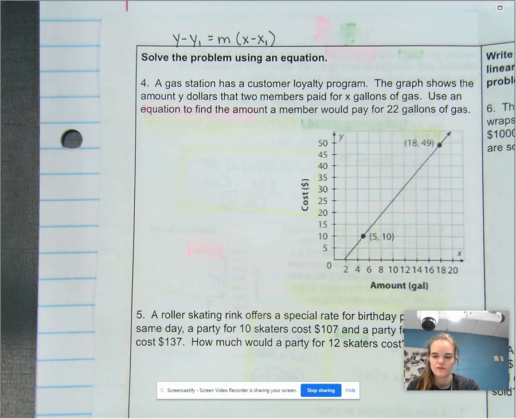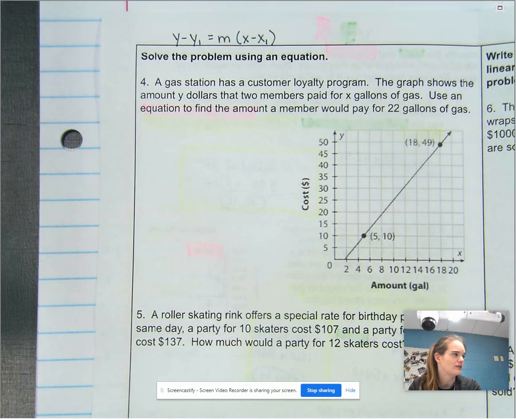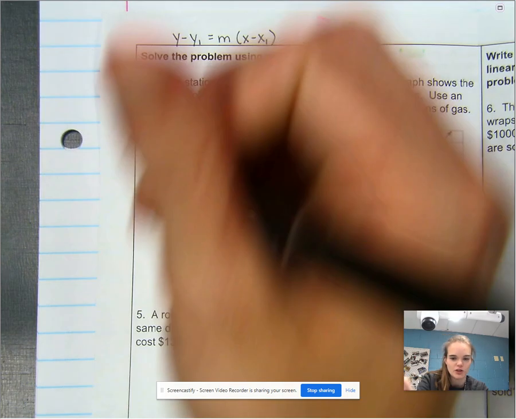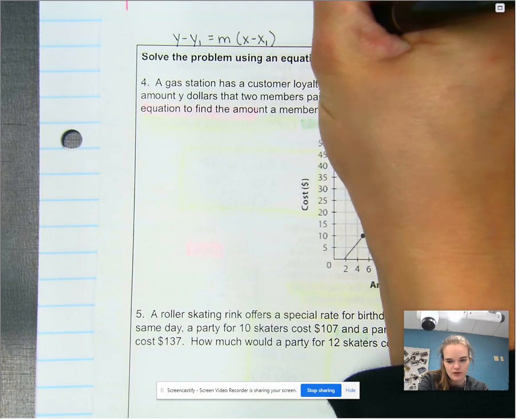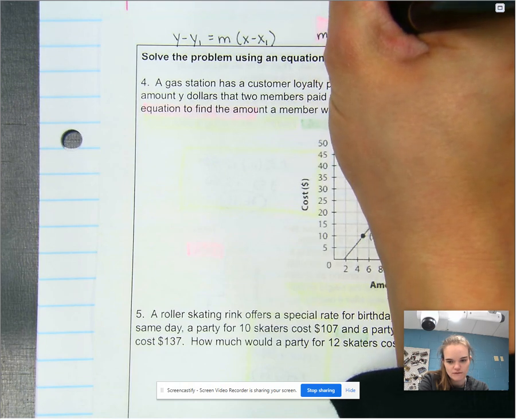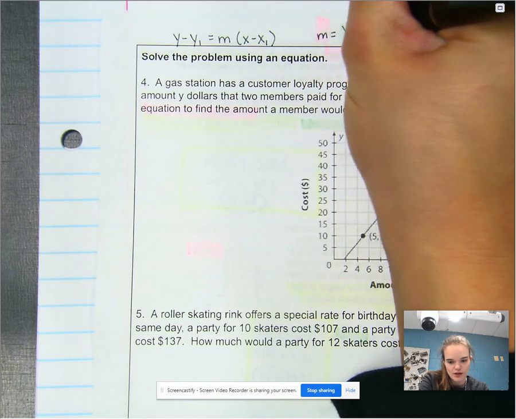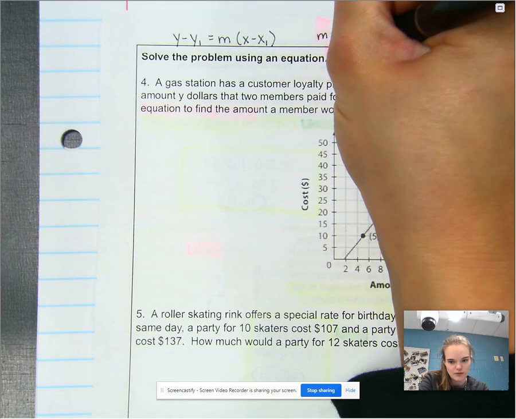Okay. We still will have to answer a question. The slope formula you also need is m equals y2 minus y1 over x2 minus x1.